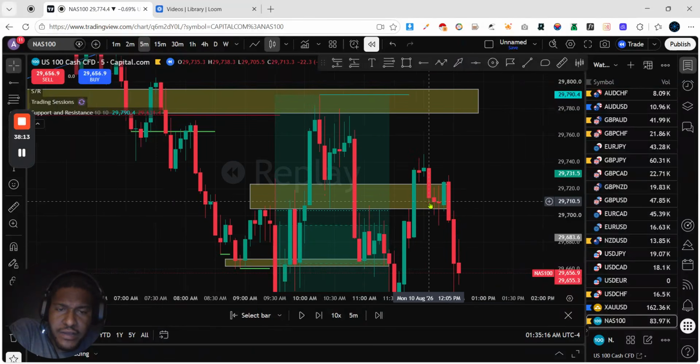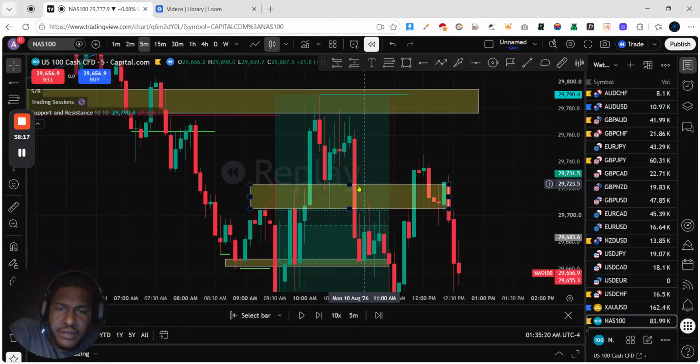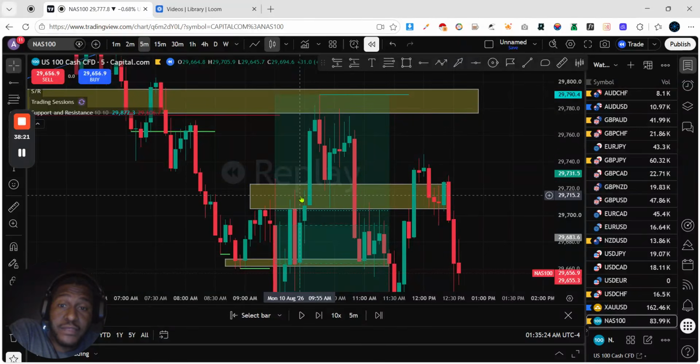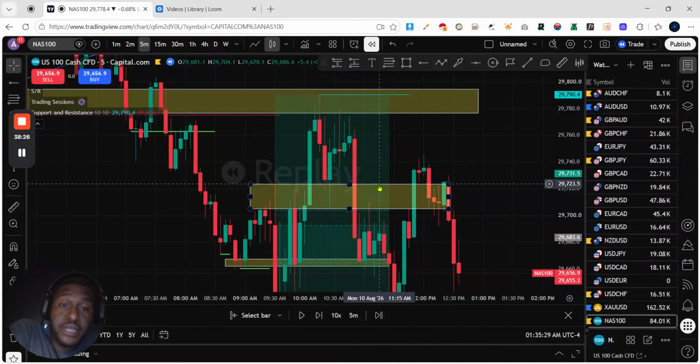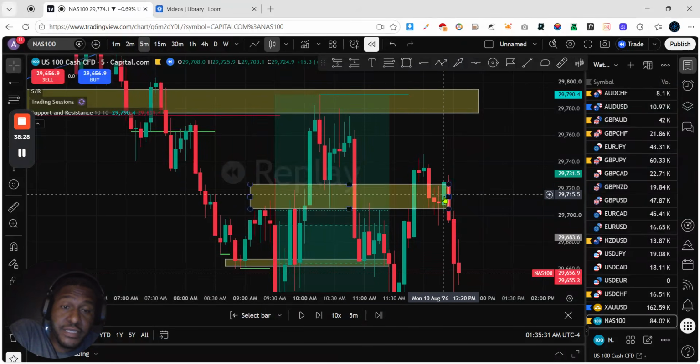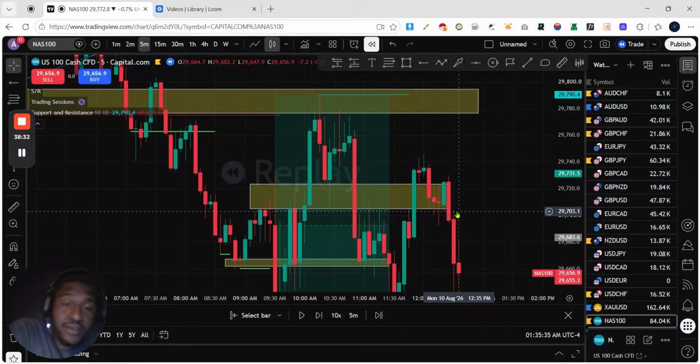Once this got engulfed to the downside, up in this area, wow, that's crazy. This rectangle is exactly where I said I would be looking for sales. And this candle fits this rectangle perfect. And then we got engulfed.